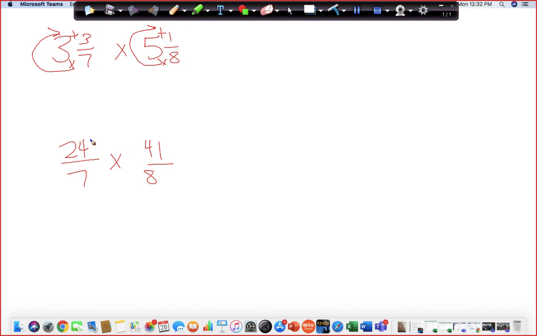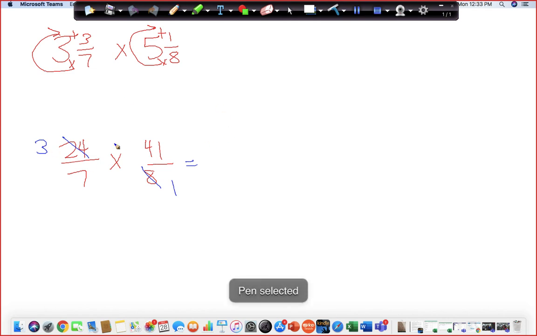We can cross cancel this way because 8 and 24 can both be divided by 8. 24 divided by 8 is 3, and 8 divided by 8 is 1. We cannot cross cancel this way because they do not have anything in common other than 1.